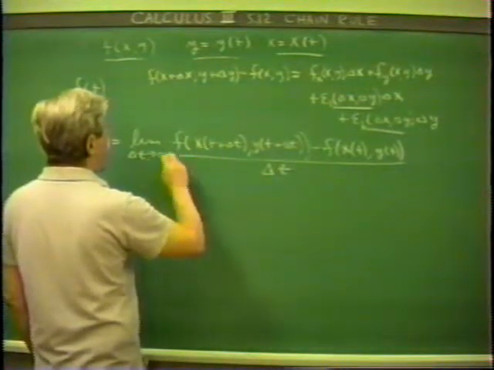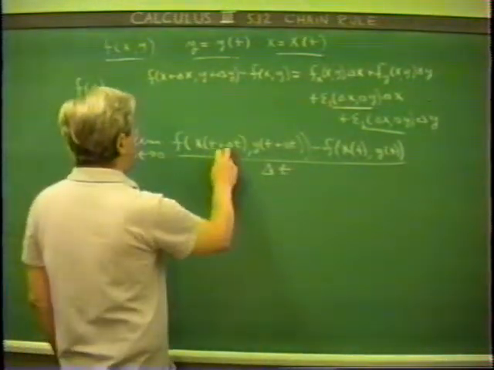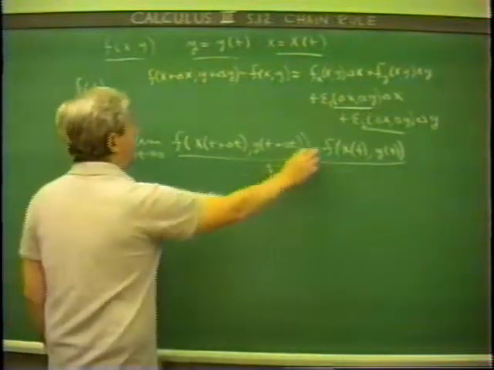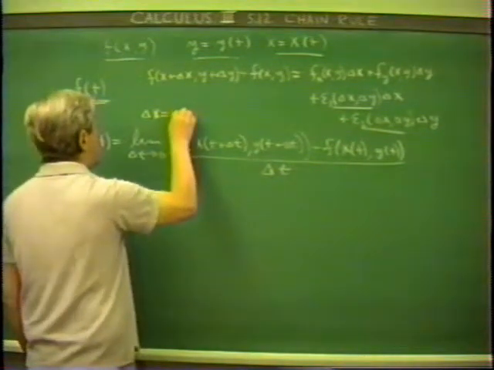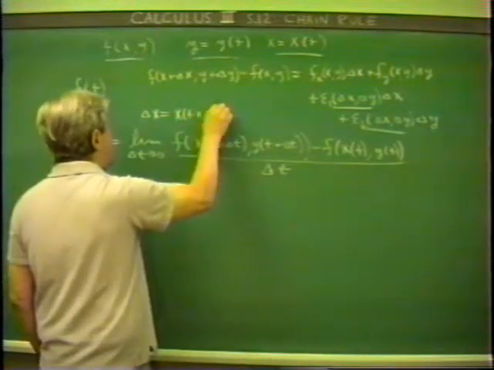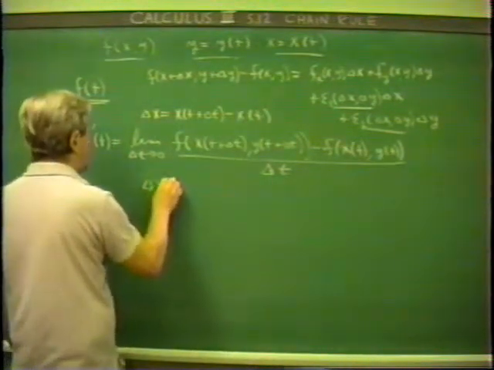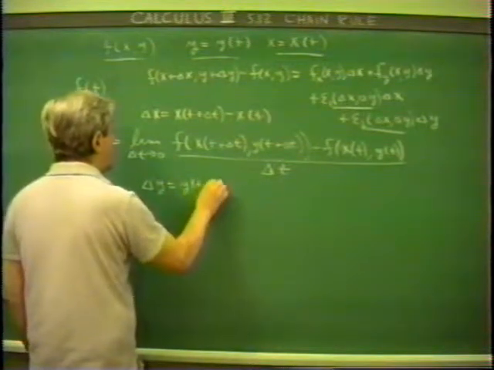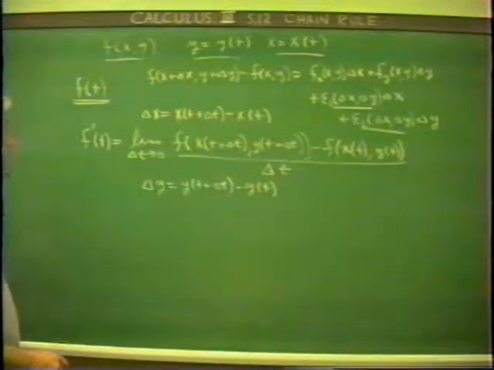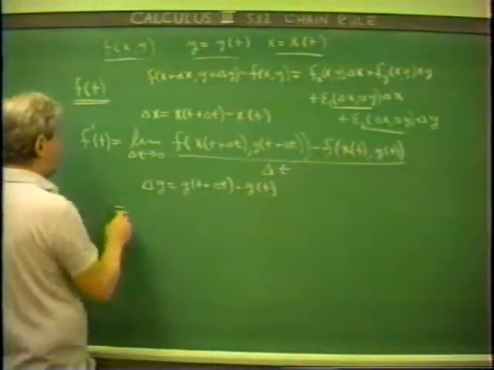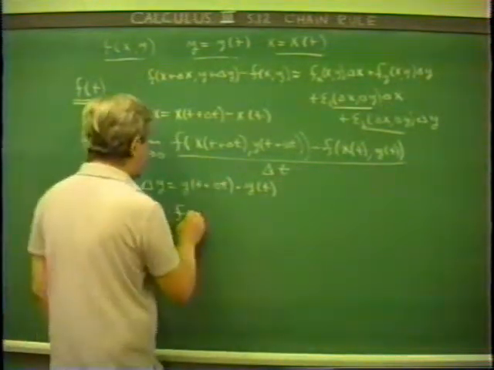Now, what we want to do is use this fact right here, where x of t plus delta t minus x of t is delta x. So we're going to let delta x equal x of t plus delta t minus x of t. We're going to let delta y be equal to y of t plus delta t minus y of t. All right?